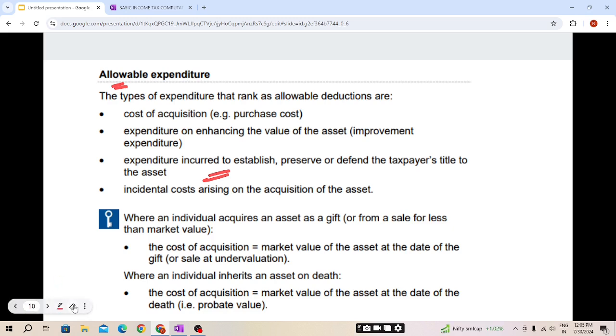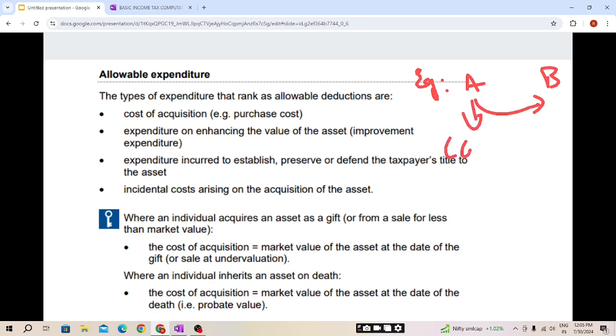But students, when coming to the case when an individual acquires an asset in the form of a gift, let's take an example of individual A and B. So A is gifting an asset. So if he gifts an asset, CGT will be applicable to A, and the disposal proceeds will be the market value.